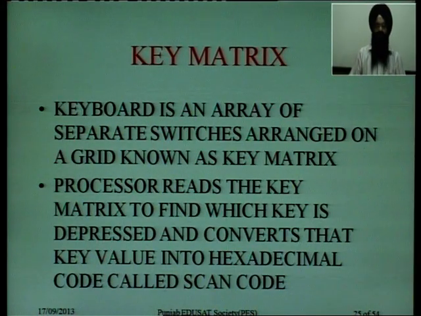The keyboard is an array of separate switches arranged on a grid known as key matrix. Here the processor reads the key matrix to find which key is pressed and converts that key value into hexadecimal code, which is called the scan code.